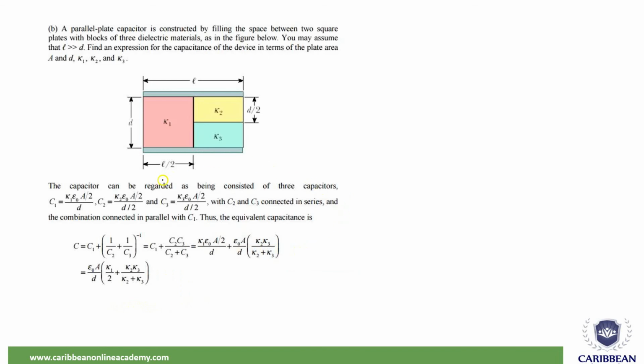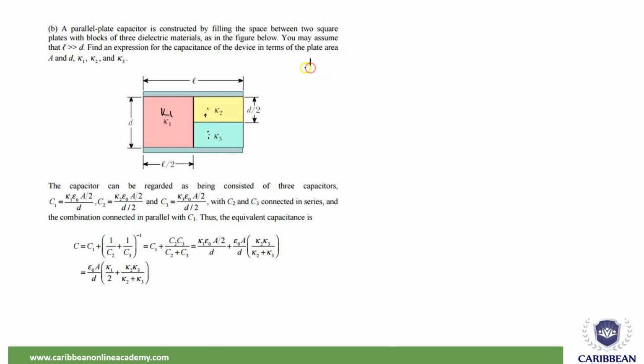Nothing hard. Now if you look at this scenario here, we have different dielectrics. We have one dielectric K1 here, and then we have another set of dielectrics that are stacked on top of each other. Remember, we said that when capacitors are stacked on top of each other, we have a type of series connection.